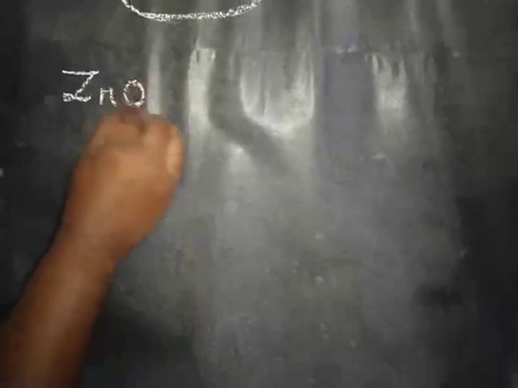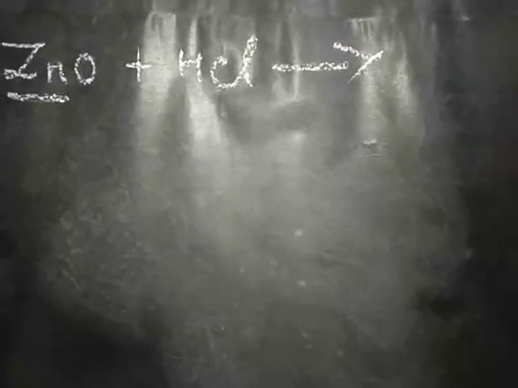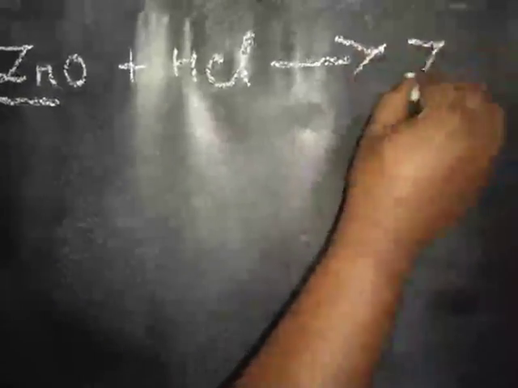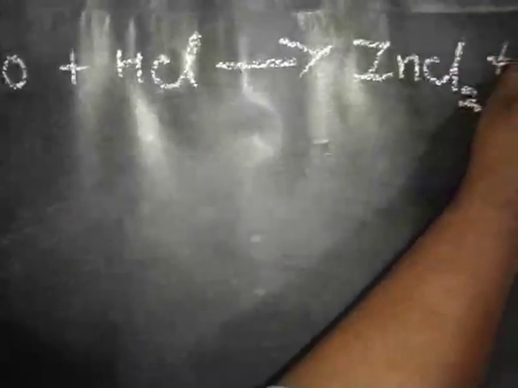One more: some of the metal oxides react with acid. For example, zinc oxide. Zinc is a metal, combined with oxygen to give zinc oxide, which reacts with hydrochloric acid to give zinc chloride plus water.